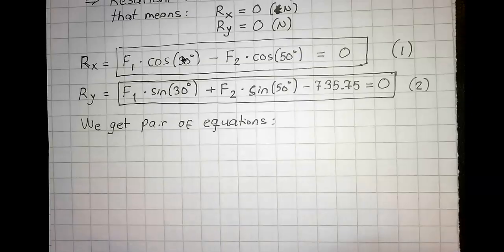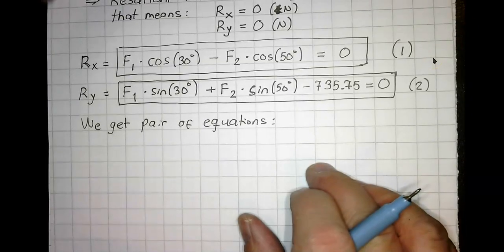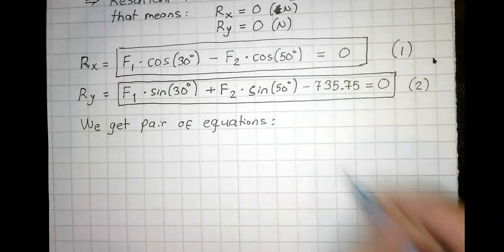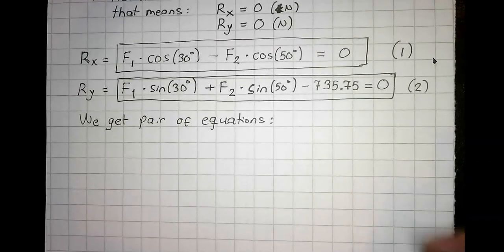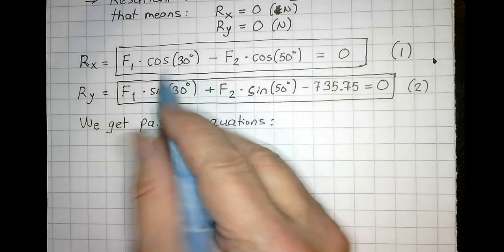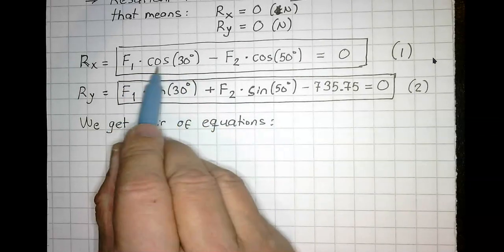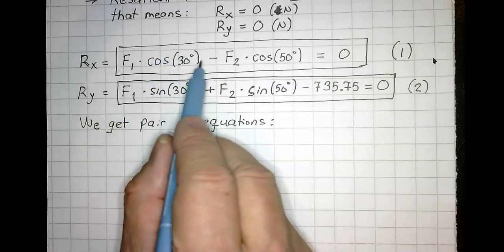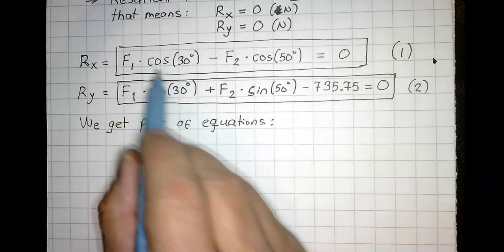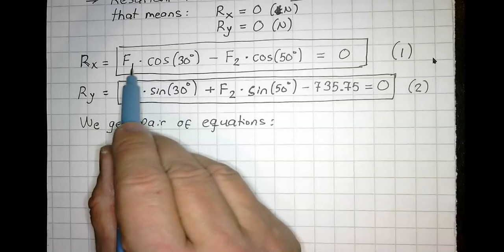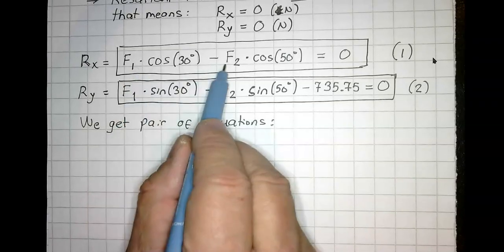and I will write these equations a little bit differently, so that probably it is easier to understand how that Excel sheet works. I will write these multiplications here in a different order, so I will write these cosines and sines first, and then after them I write the names of forces.